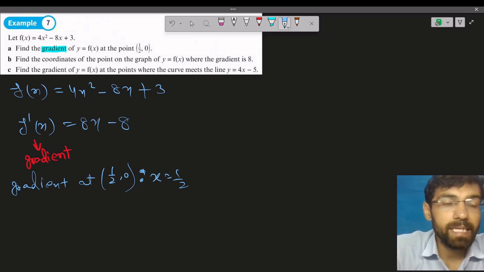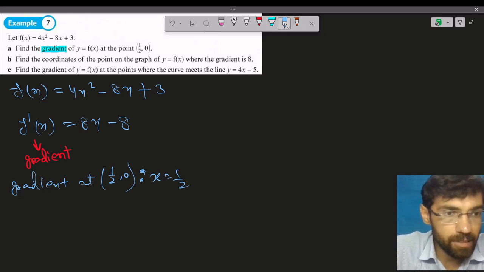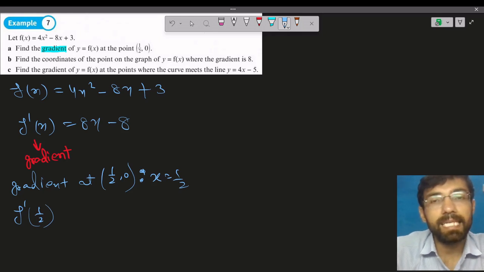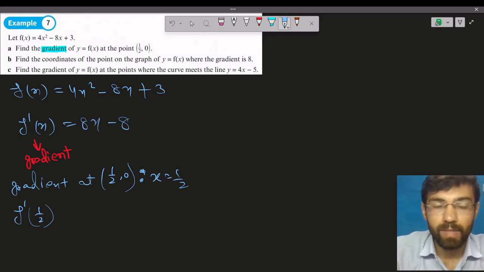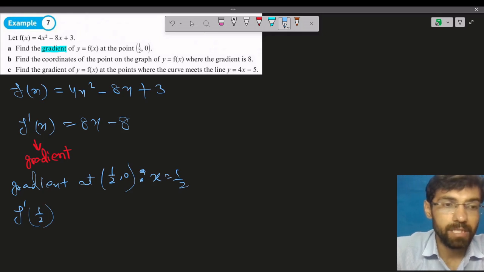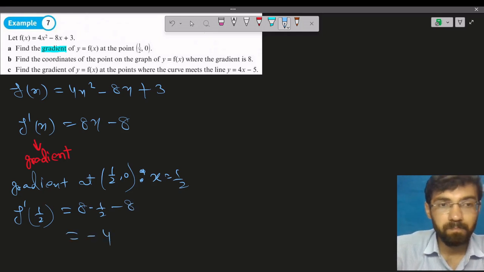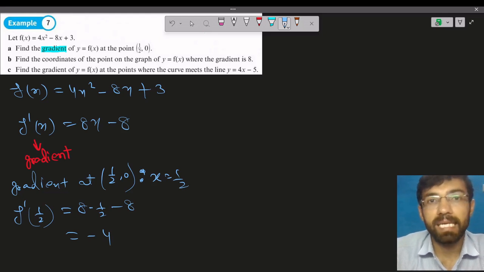So it will be f dash of half. See, f dash x will give you the gradient, and you want the gradient at x equals half. So in place of x, we will substitute half. So this equals 8 into half minus 8. That is 8 into half is 4, 4 minus 8 is minus 4. So what we learned: the gradient at x equals half is minus 4.